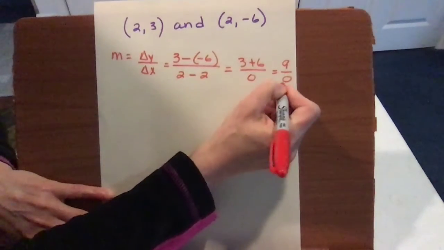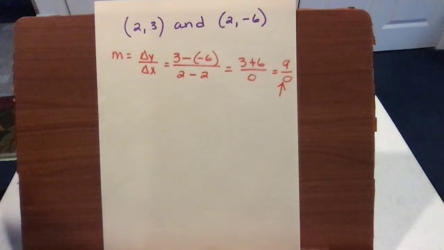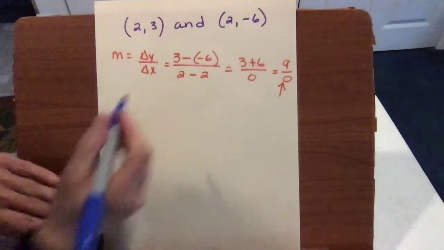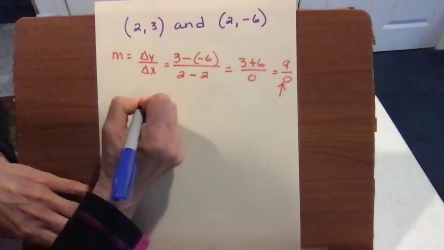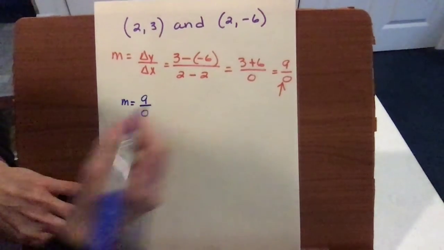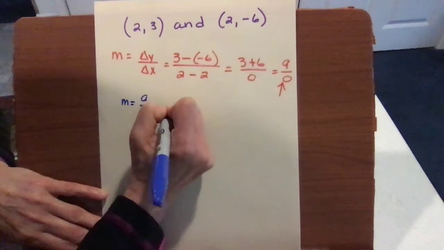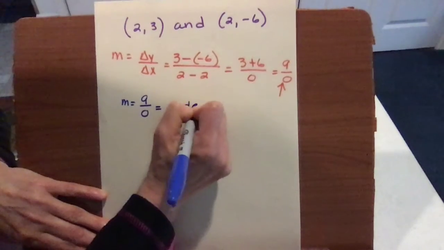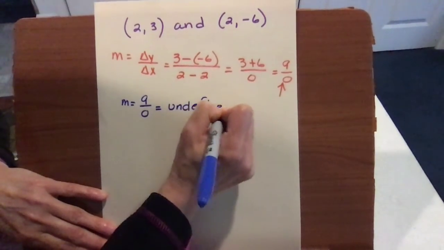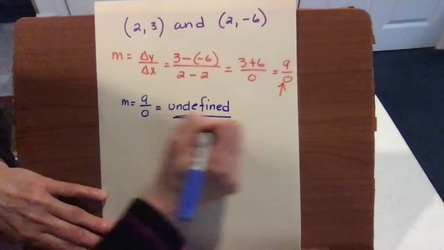If 0 is in your denominator, you cannot divide any number by a 0. If you try it in your calculator, you are going to get an error. What this means is it is undefined. And this is how we write our slopes. Undefined.